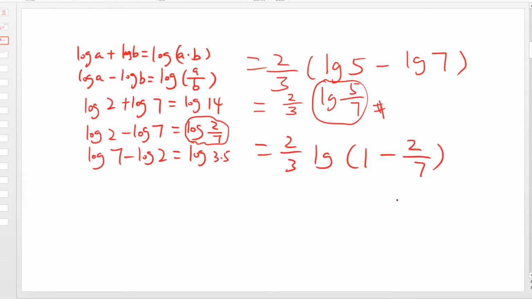Wait, 2 over 7. Yeah. Because 1 minus 2 over 7 is 5 over 7. Oh, okay. So it's 1 minus log 2 minus log 7. Okay. So this is one way. This is one way.